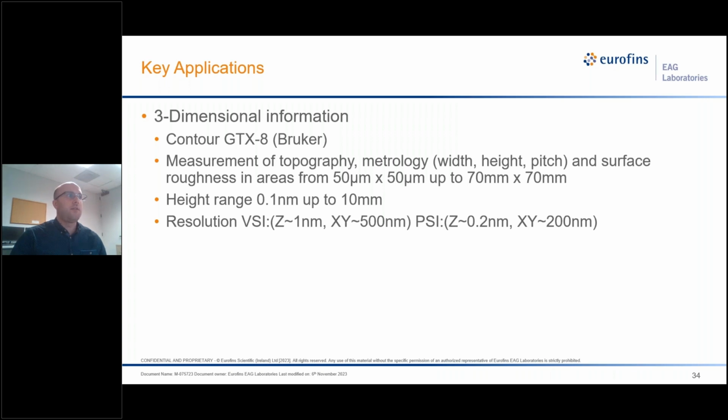And it can go from a height range of about 0.1 nanometers up to 10 millimeters. And down there I have some lateral resolution for our most common. The vertical scan is about 1 nanometer Z resolution with about 500 nanometers in the X and Y. And then with something called phase shift, we can get down to about 0.2 nanometers to 200 nanometers in the XY.